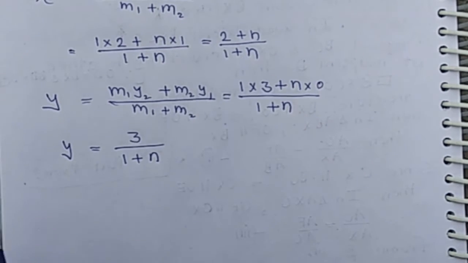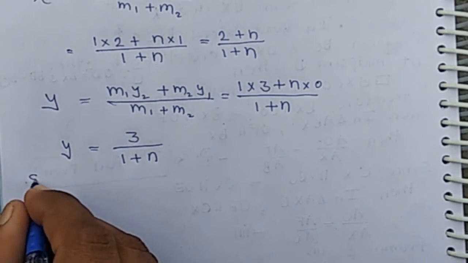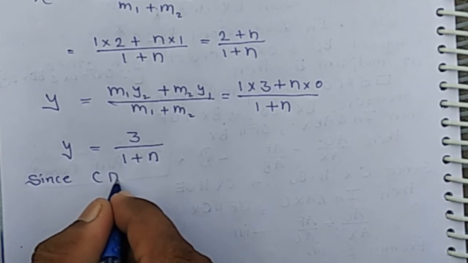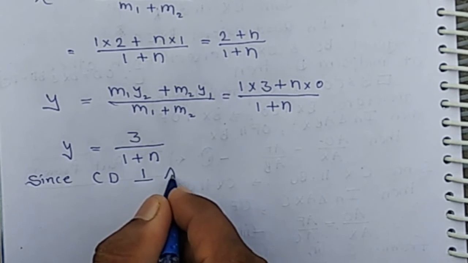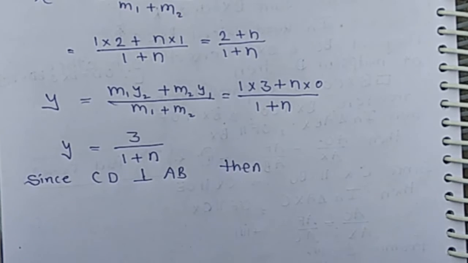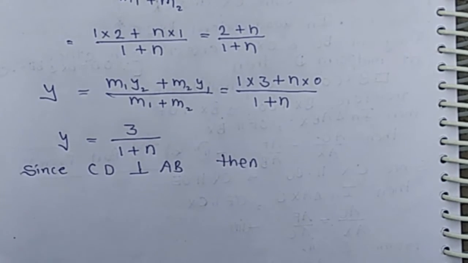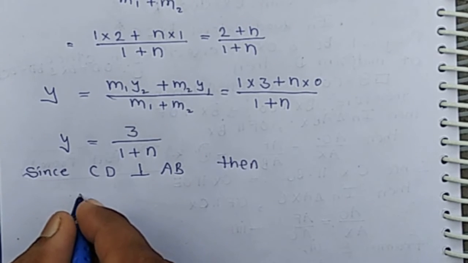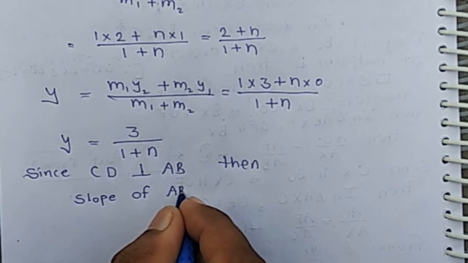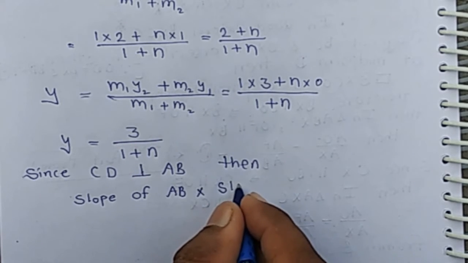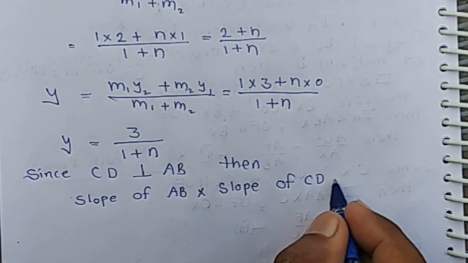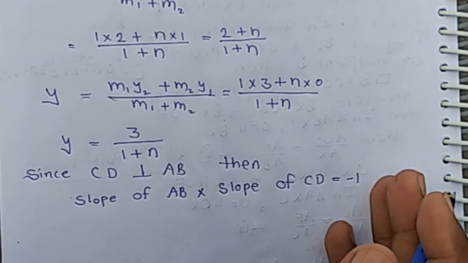Now since CD is perpendicular to AB, we know that the relation between slopes of perpendicular lines is m1 m2 equals -1, meaning slope of AB into slope of CD equals -1.